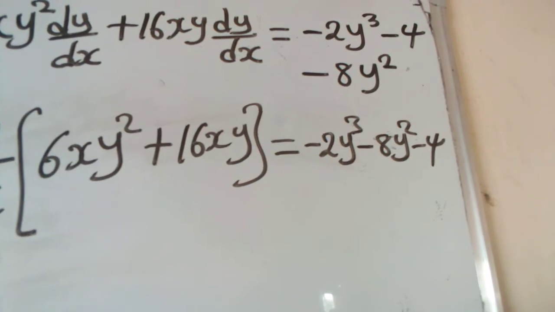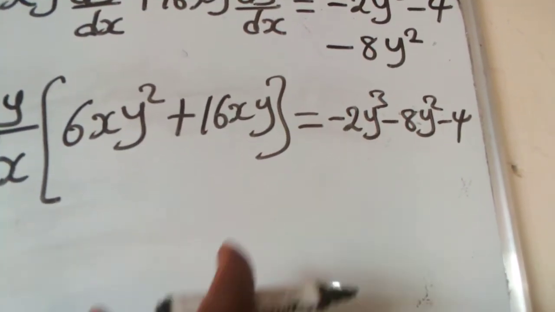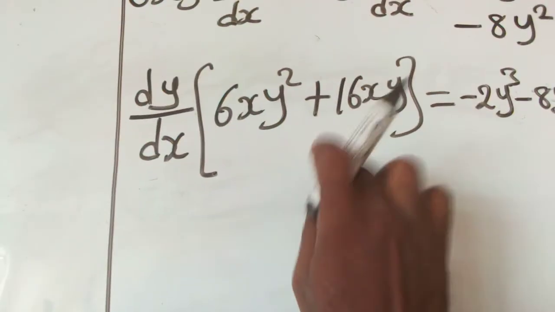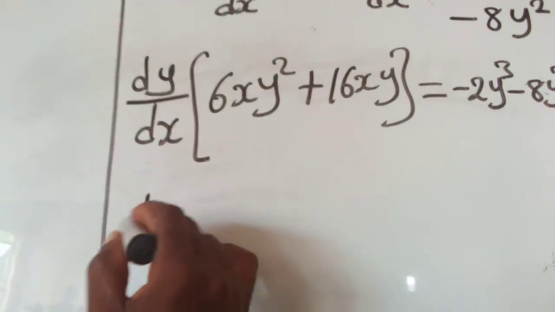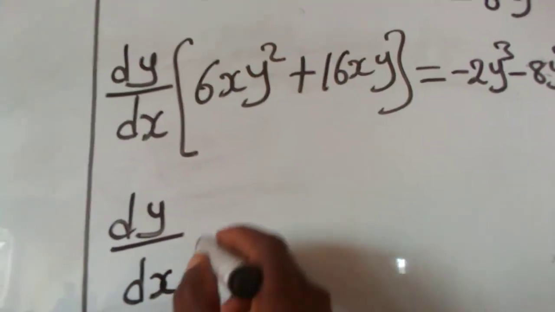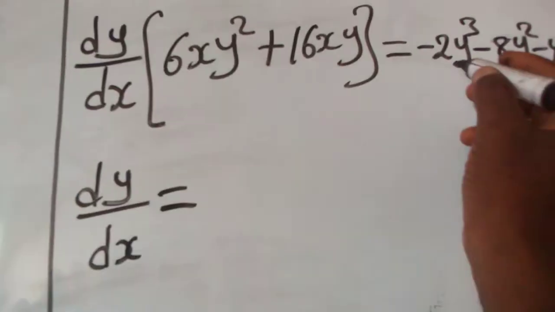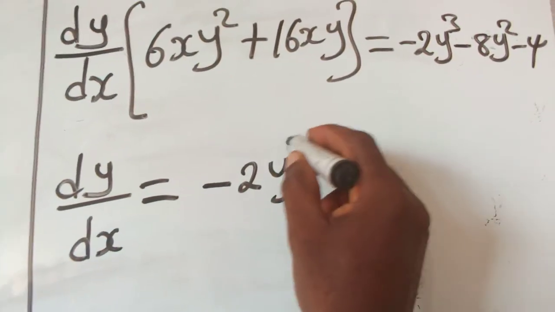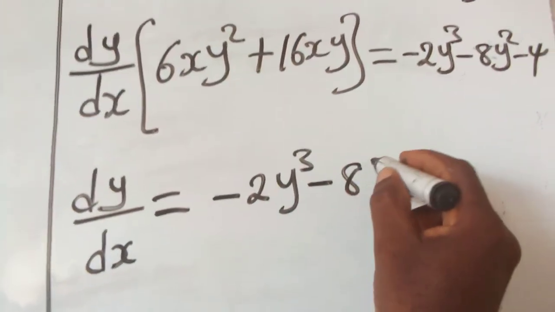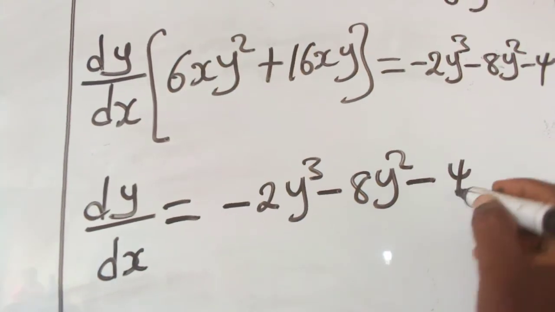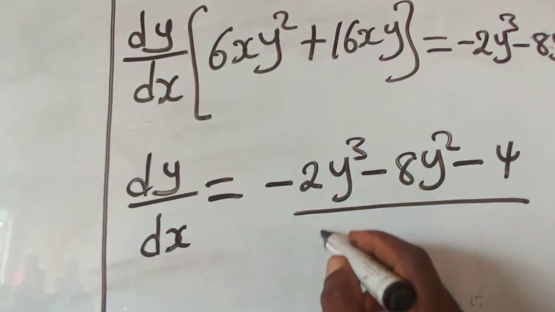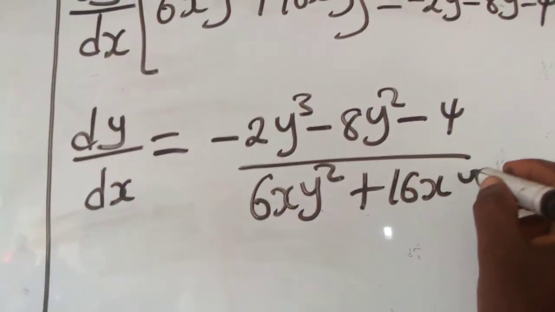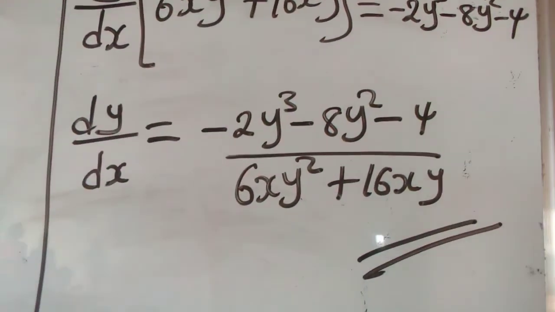The next step, you divide both sides by the coefficient of dy over dx. So dy over dx will now be 2y raised to power 3 minus 8y raised to power 2 minus 4 all over 6xy raised to power 2 plus 16xy, and that becomes the final answer.